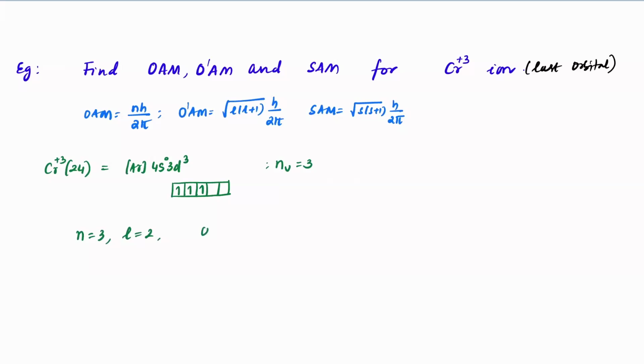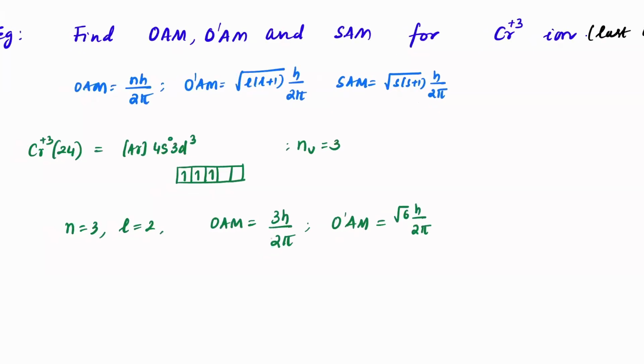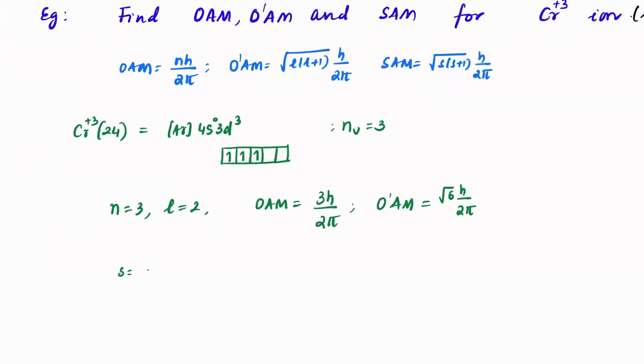Right. So now let us calculate OAM. OAM will be 3h by 2 pi, and orbital angular momentum will be equal to under root of 2 into 2 plus 1, so that makes it root 6, so root 6 h by 2 pi. And for spin calculation, S is number of unpaired electrons into half, that is 3 by 2.